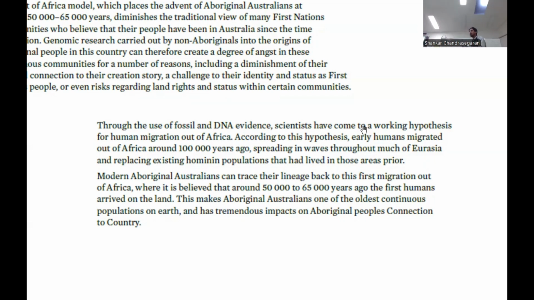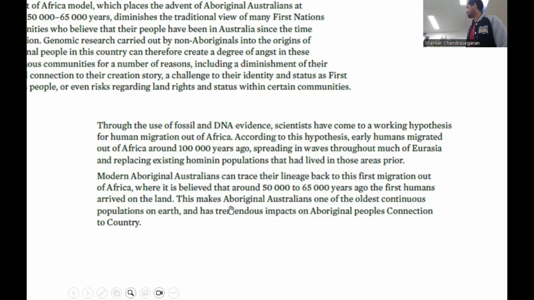Whereas in places like Europe, the Middle East and Asia, there was still gene flow happening between different populations of Homo sapiens, whereas the population of Homo sapiens that arrived in Australia, the Aboriginal Australians, became genetically and geographically isolated from the rest of the Homo sapien population.